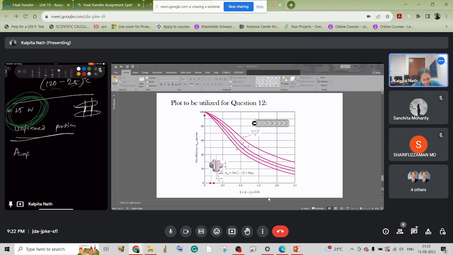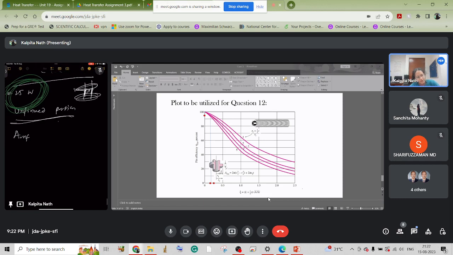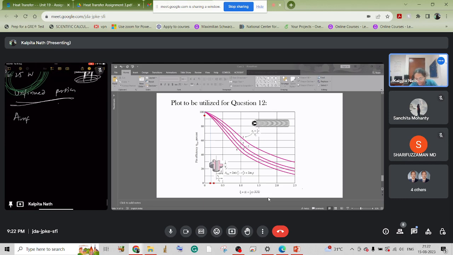Now we need the unfinned area, that is, if these are two fins and this is the spacing between the fins, for that area we need the heat transfer. For the unfinned part, this is pi d1 into s, where s is the space between the fins. So this is pi times 0.03 meter times 0.003, the length.